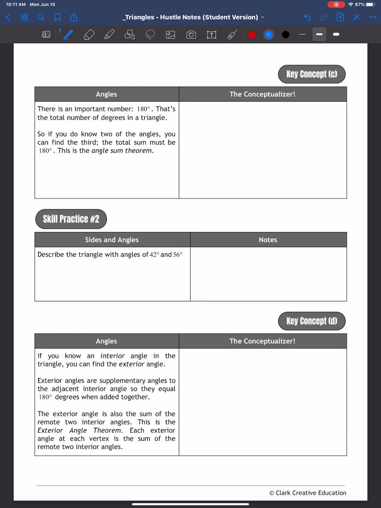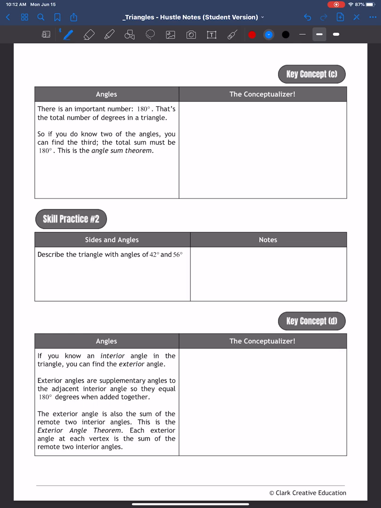So, there's an important number, 180 degrees. That is the total number of degrees in a triangle. So if you do not know 1 of the angles, you can find the third by knowing the total sum must be 180 degrees.